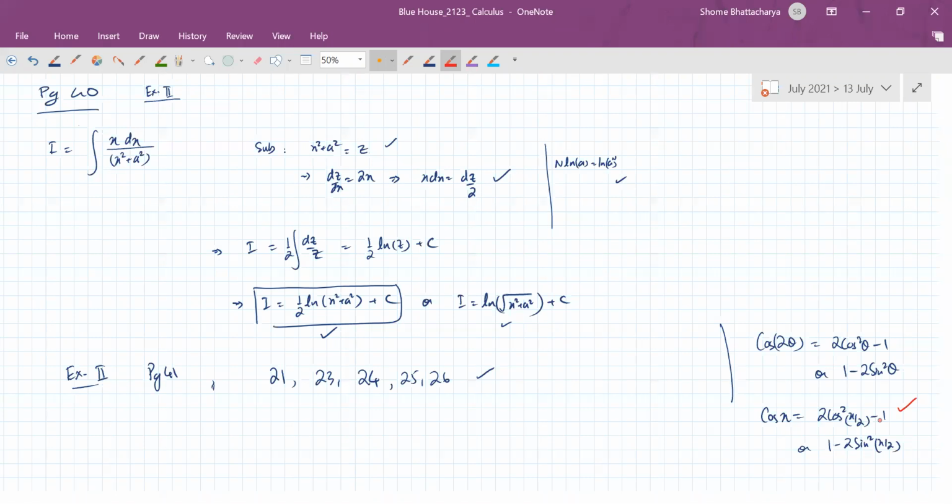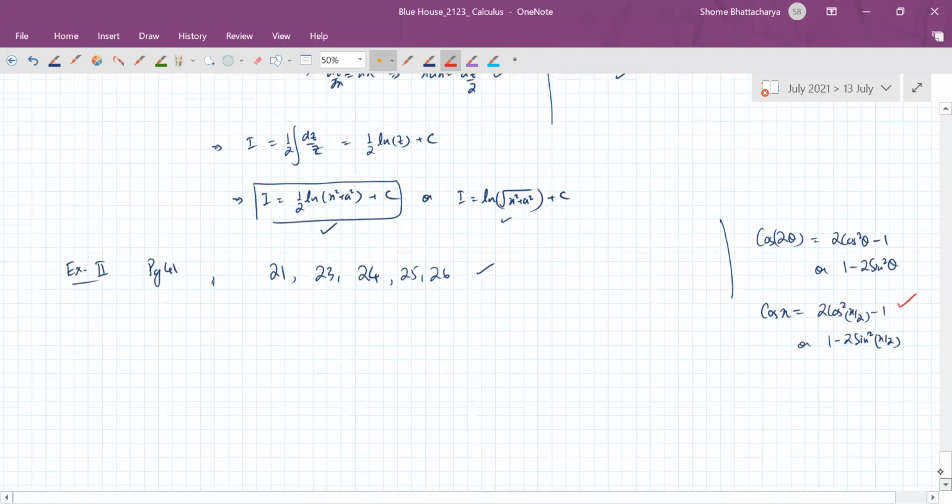Because when you substitute x, in that sine term, inside the bracket you have x by 2, so the upper limit will be pi by 4 when you substitute x as pi by 2. It will be sine x by 2. Substitute that, and yeah, the answer is 2. Good.